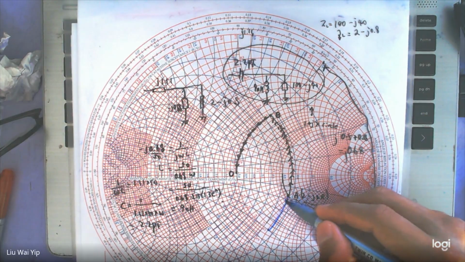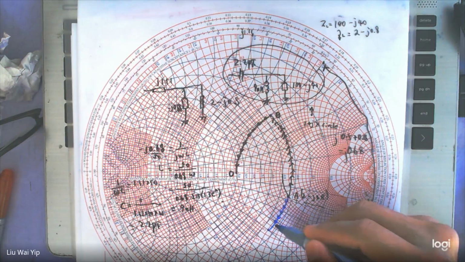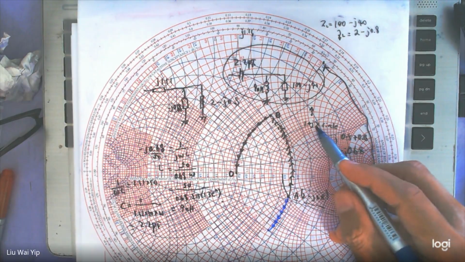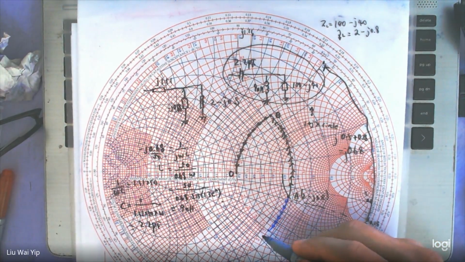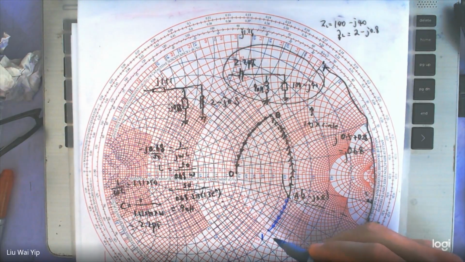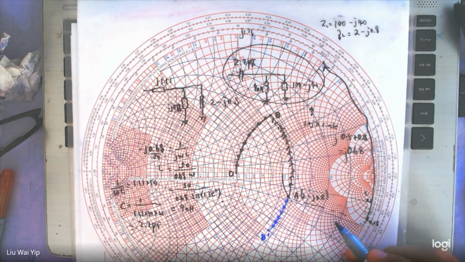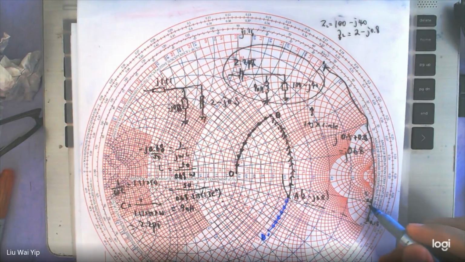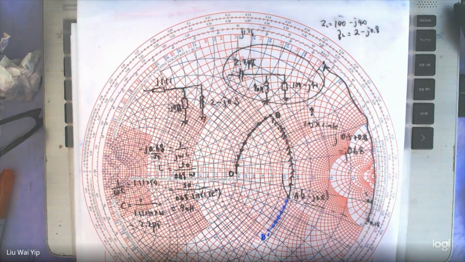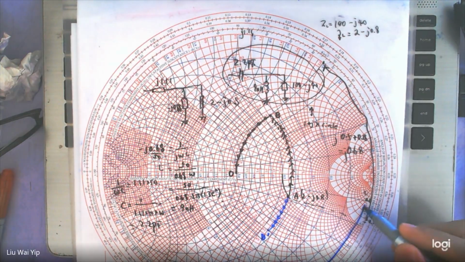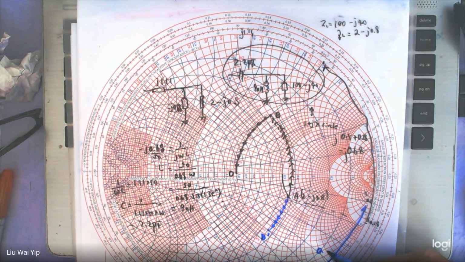So this is another solution, until you meet with the 1 plus Jx circle. So here you will get B prime, for example, and you need to check how much susceptance you will need. So counting from this one here is 0.1 and here is 0.6. So altogether you will need 0.5J.